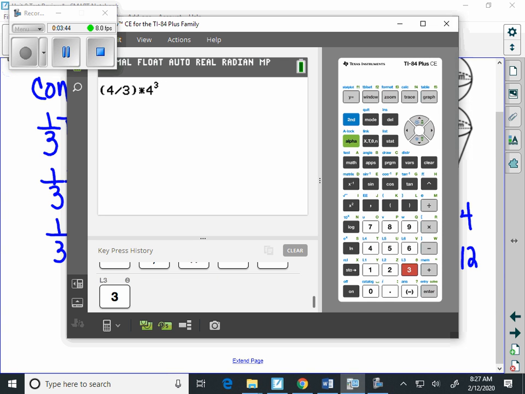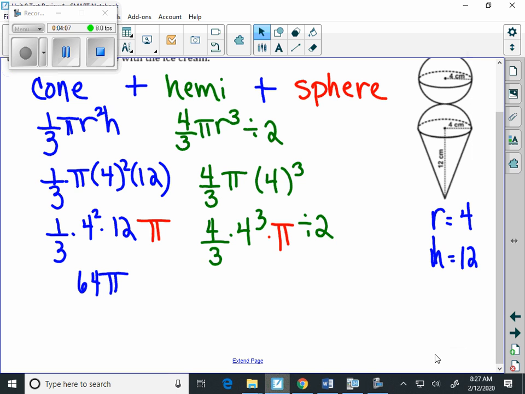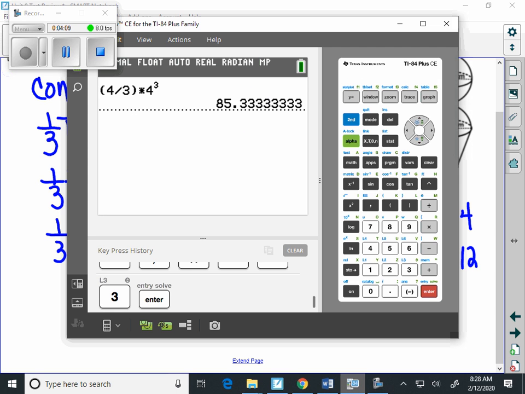Let me just point out here, the cubed button is beside the tangent button, to the far right, and that's been causing some confusion if you're using your graphing calculator and not decimals. But 4/3 times 4 cubed is that number there. Then remember, we take that and we divide by 2.